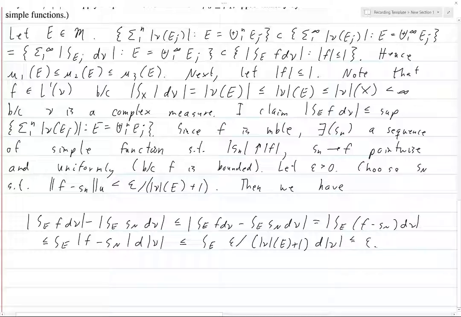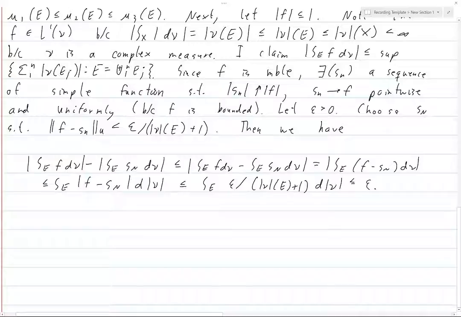Maybe it's strict inequality, I don't really care. So now if we bring this onto the other side, what this says is the integral over E of f d nu is less than or equal to the integral over E of S_n d nu plus epsilon.